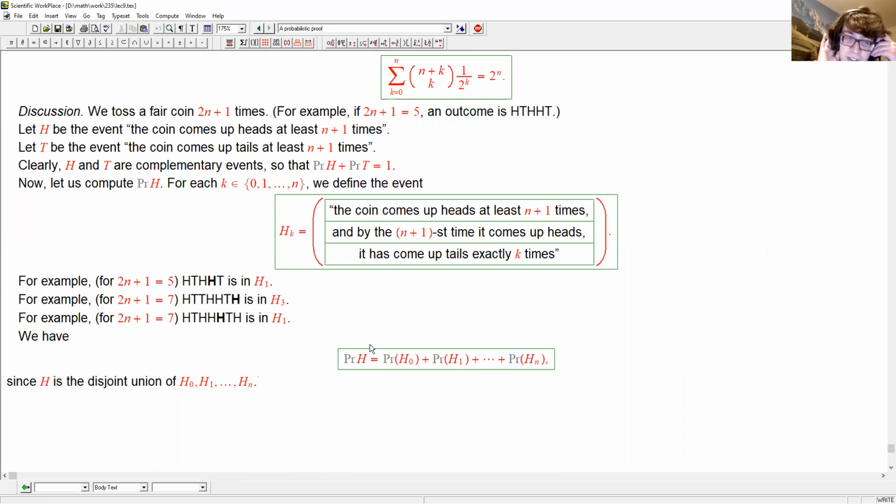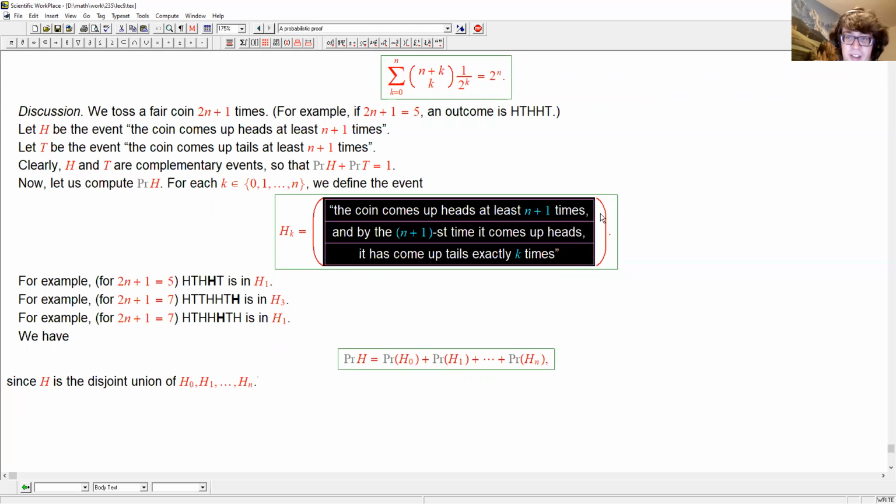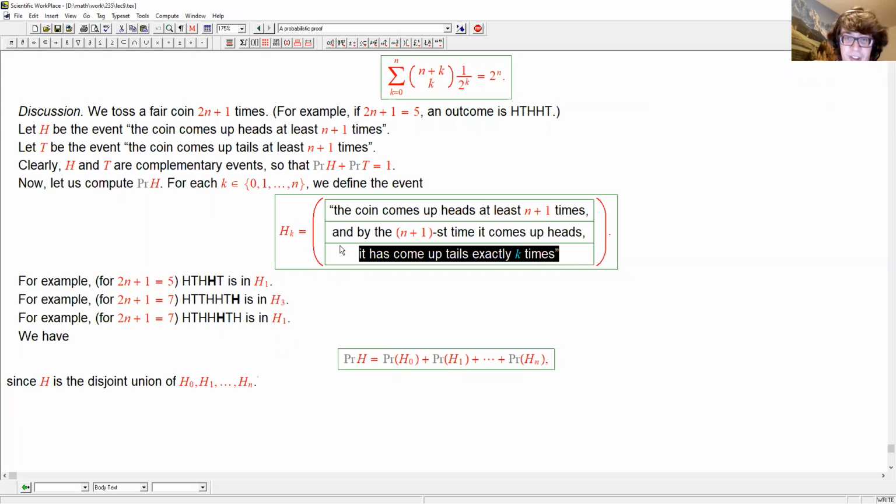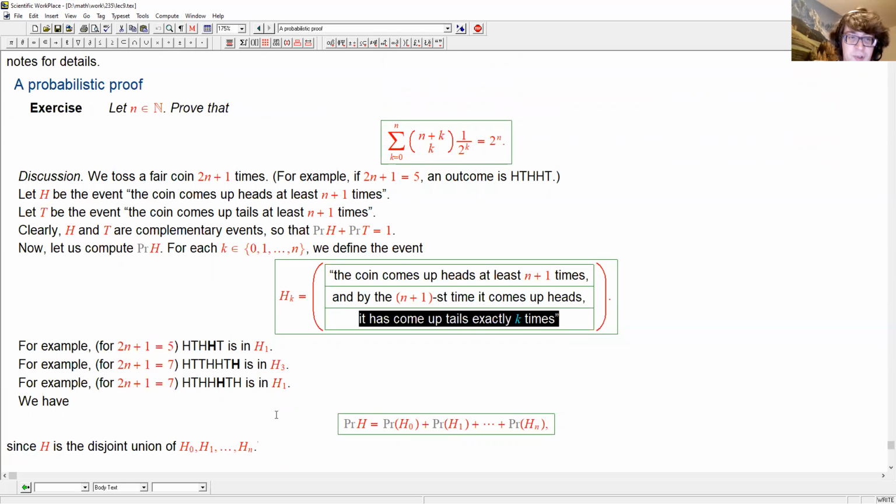Why is that? So h means that the coin comes up heads at least n+1 times, and if you know that this is happening, you can measure how often it has come up tails before. And that number must be between 0 and n. It cannot be n+1 because we don't toss it that often. It would be 2n+2 in total.